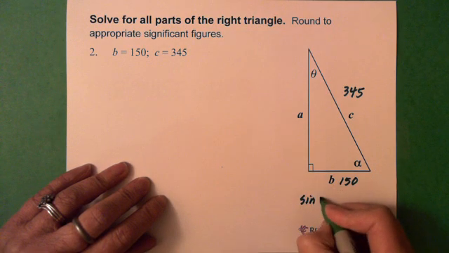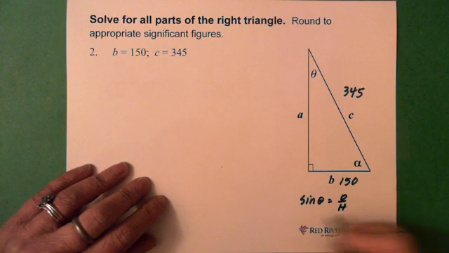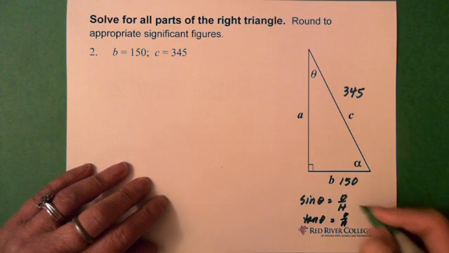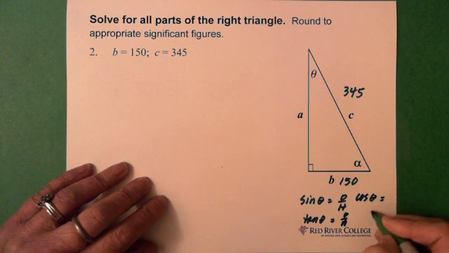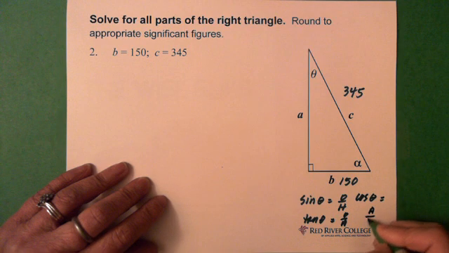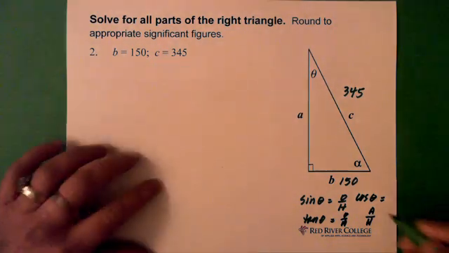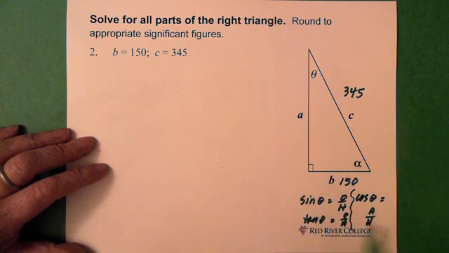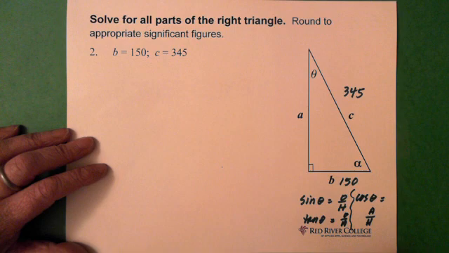So the sine of the angle, opposite over hypotenuse, tan of the angle, opposite over adjacent, cos of the angle equals adjacent over hypotenuse.